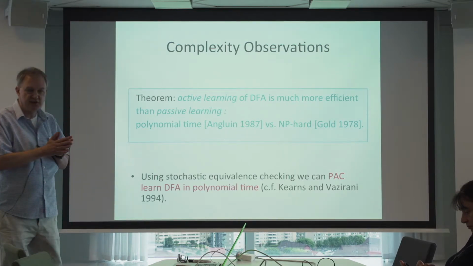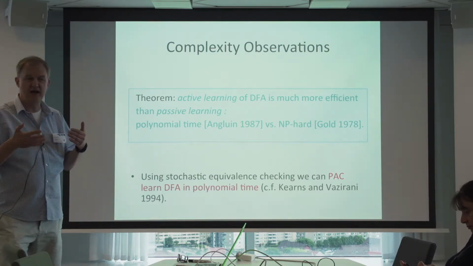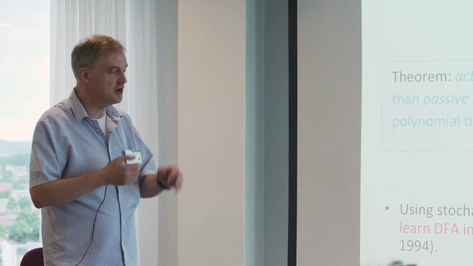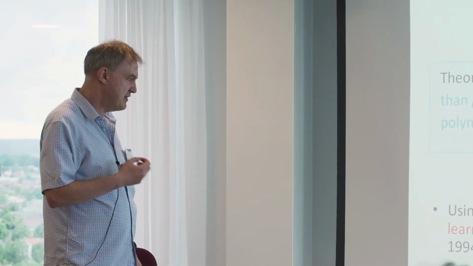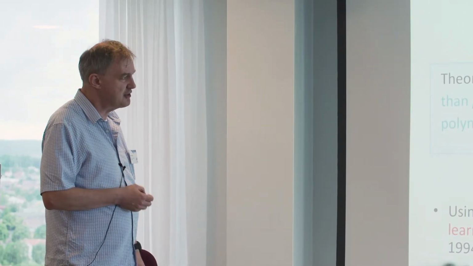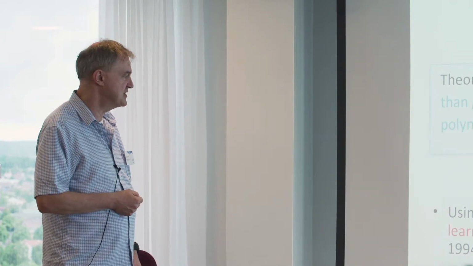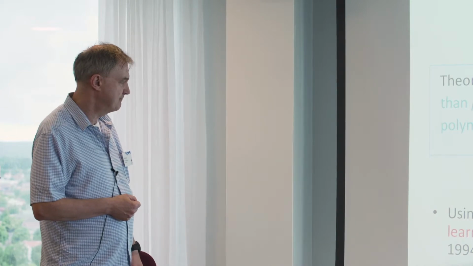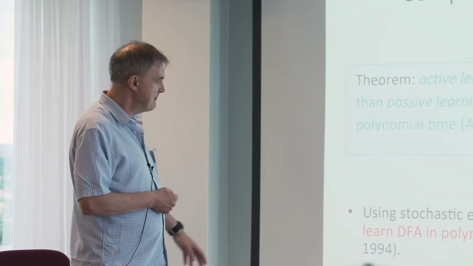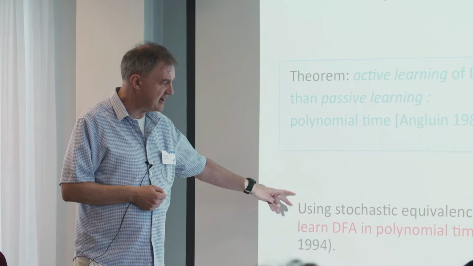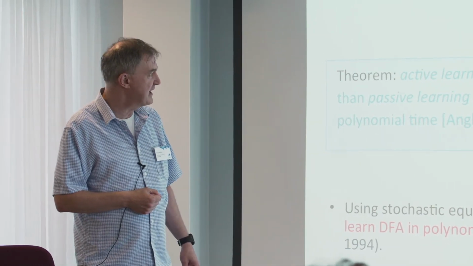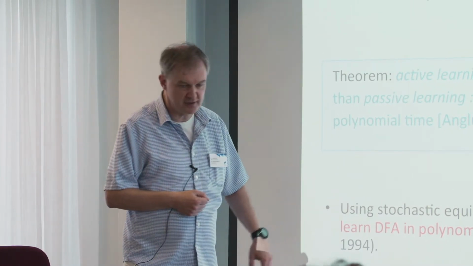So this suddenly sort of reopened the field. And then in NLP, there was a lot of attention then refocused on this. So many algorithms have appeared since L star, and a lot of papers, a lot of survey papers, and so on. There's something I'm missing out here, which is equivalence checking. So I'll come back to that. So let's just ignore this remark for the moment.